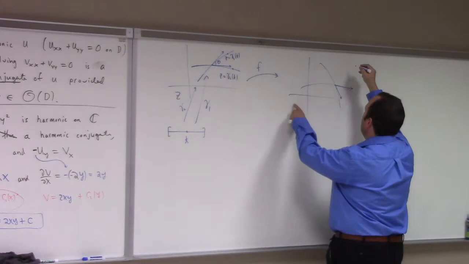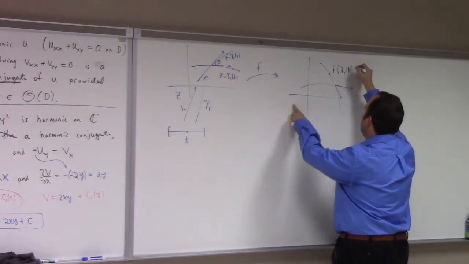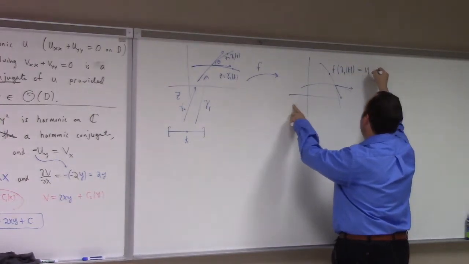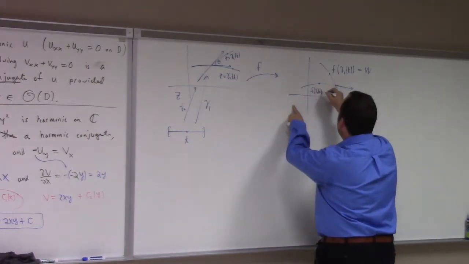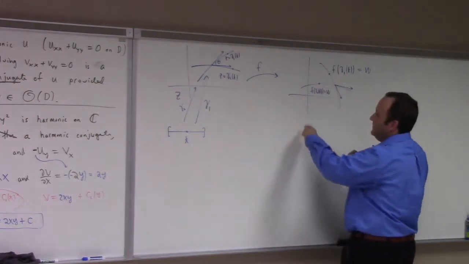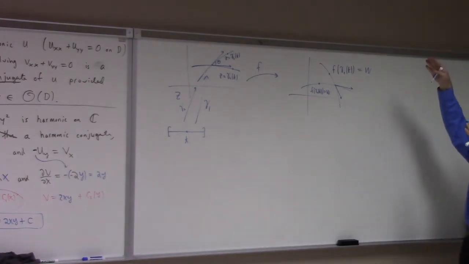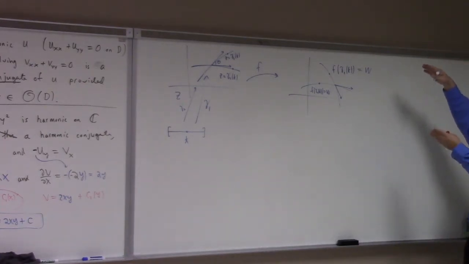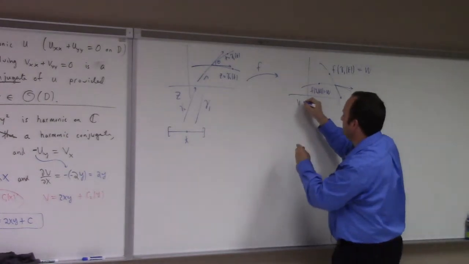Over here, this one would be something like f of gamma 1 of t, that would be w. And this point down here would be f of gamma 2 of t equals w. So this is the image of the given pair of curves in the target space for f, where w is equal to f of z, our usual notation. This is the w plane over here.